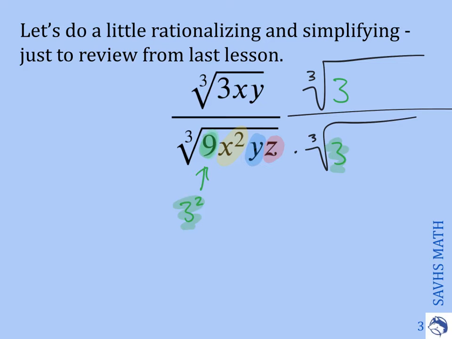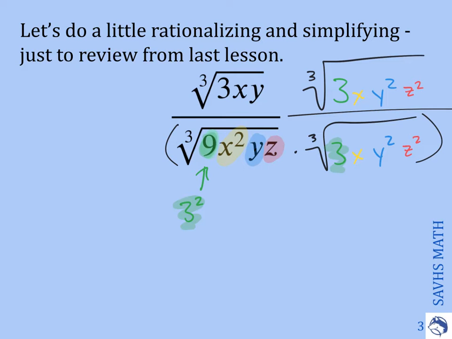Okay, I have two x's, so I have x squared, so I need another x. I need 2 more y's, and then I need a z squared also. All together now, when I look at these two radicals combined, those two are going to multiply to give me a perfect cube in every part.